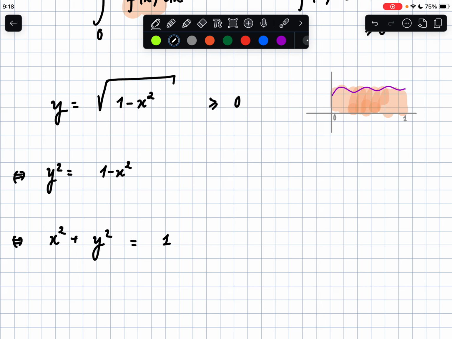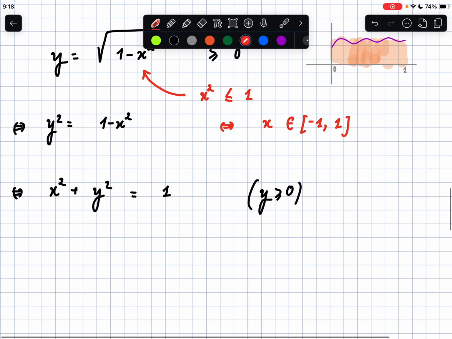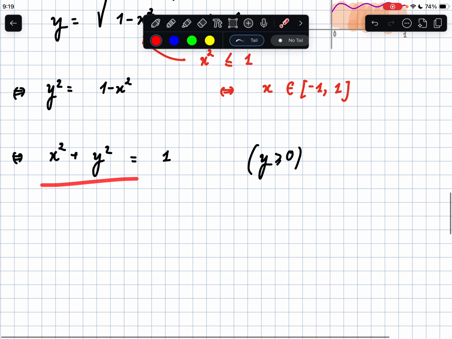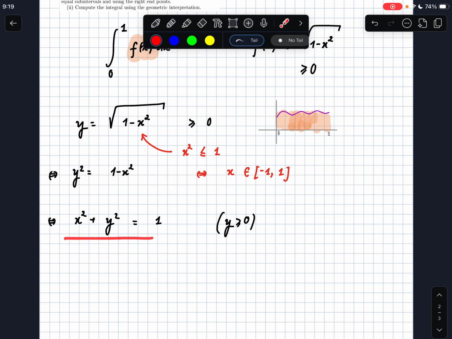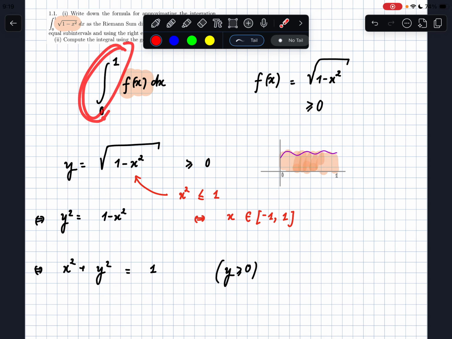And we only work with y greater than or equal to 0, and x squared needs to be less than or equal to 1 so that this is well defined. Equivalently, x is between minus 1 and 1. So you see that this is the equation of the circle. But for the integral, you only need to consider x between 0 and 1.